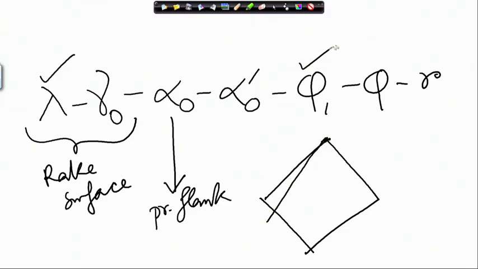So, I use up this information. So, this one is oriented in space, the rake surface. On that I use up this information to draw the main cutting edge.